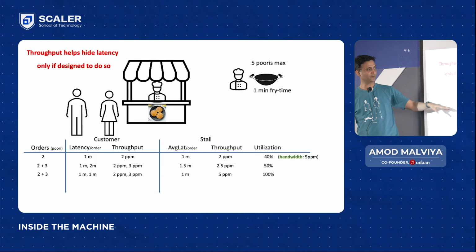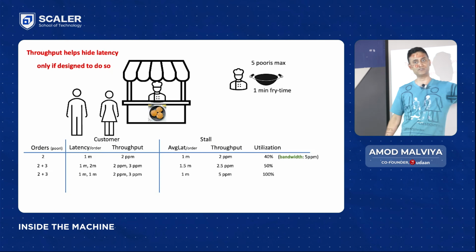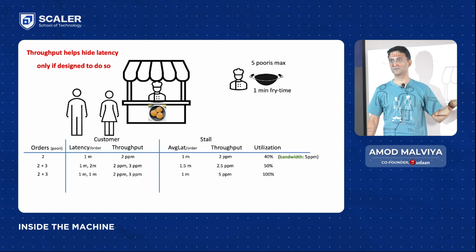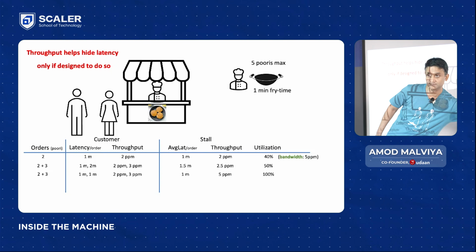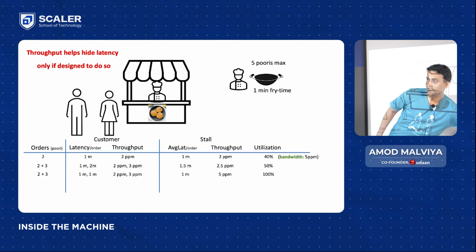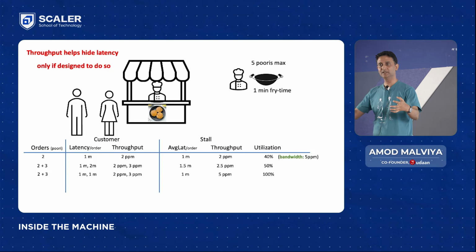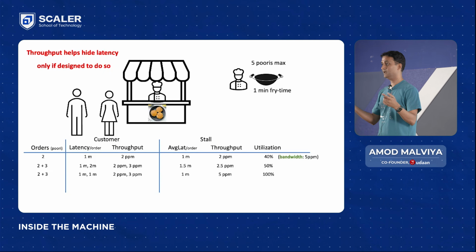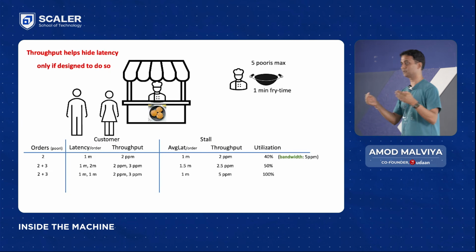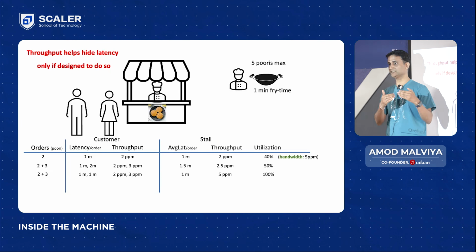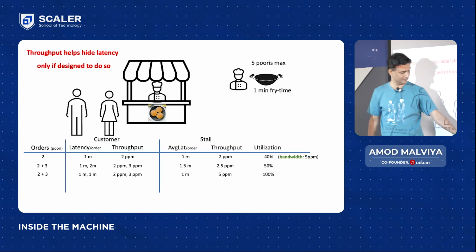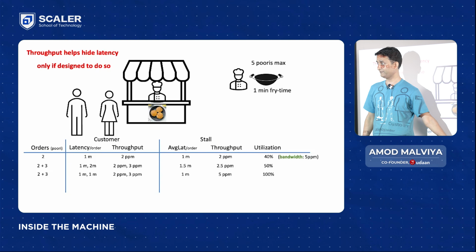In the earlier scenario, when we had only one person moving like this, we had underutilization, right? 40% and 50%. We had sufficient throughput, but the design of our process was such that throughput was getting wasted. And when we modified our process to start using throughput effectively, our average latency came down.